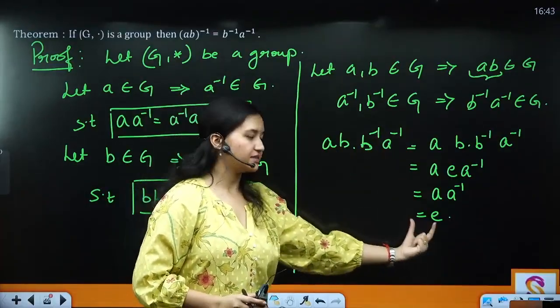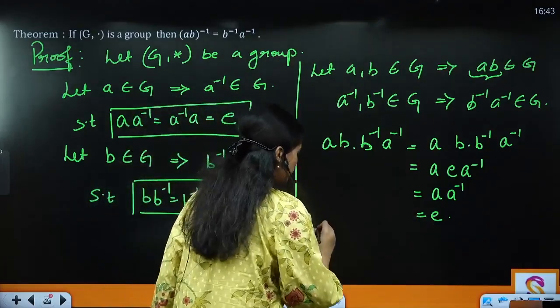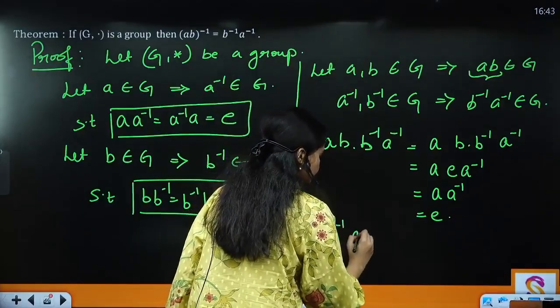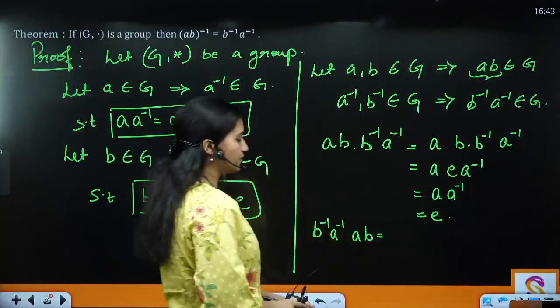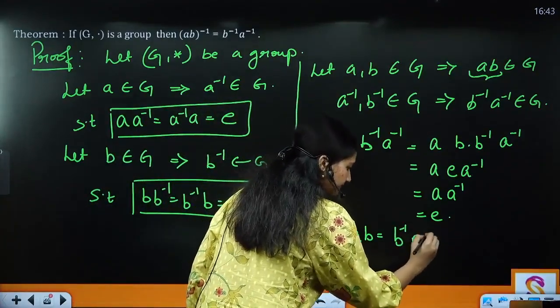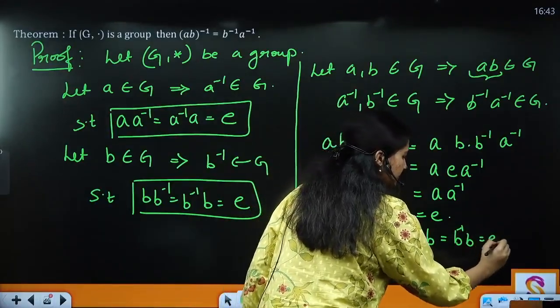Why? Because it is giving me identity as the answer. And similarly, if I apply it the other way, then also it is going to give me the same answer. See, B inverse E B is equal to B inverse B, which is nothing but E.